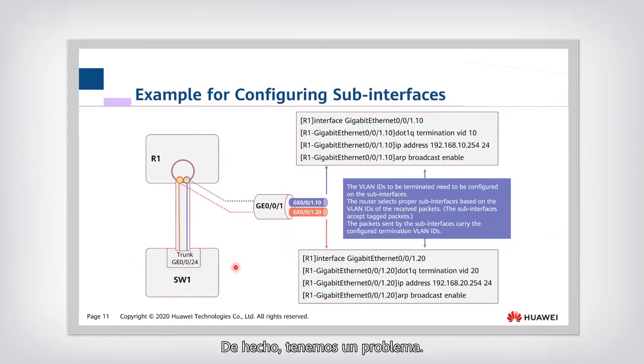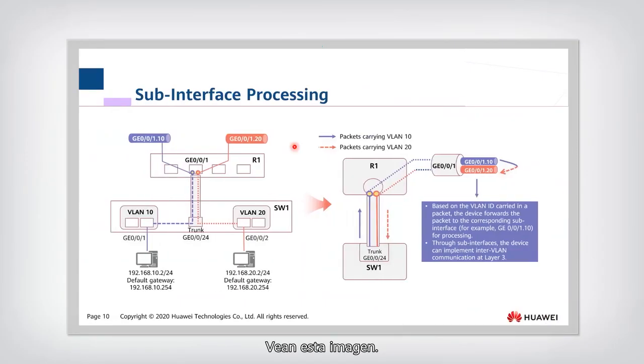Here we have one problem. Still looking at this figure, the router can only recognize packets without tags, so we require the packet here to have no tag. However, the packet coming from the trunk has the tag on it. So before this sub-interface forwards the packet, it should first delete the tag to terminate the tag.